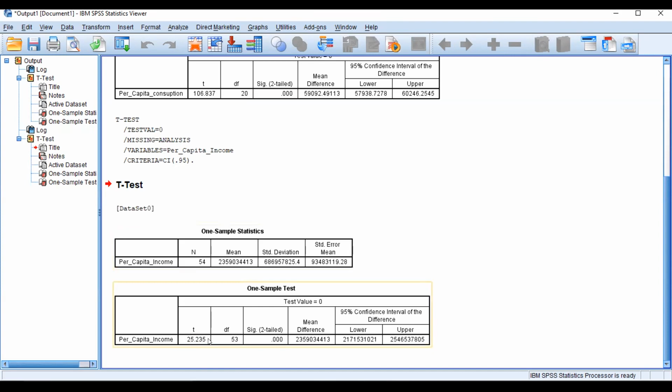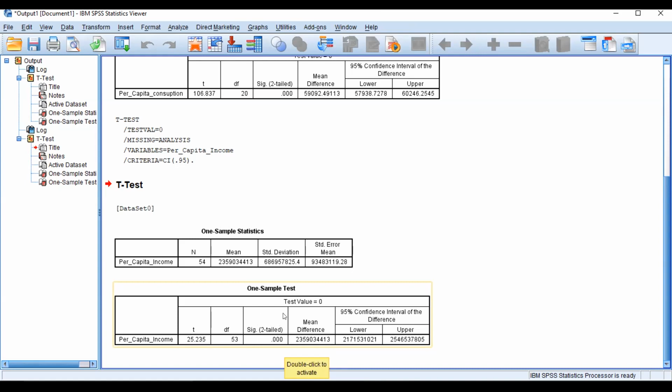Then here, per capita income t value and degree of freedom 53. Again, the significance level is that. Then we will reject our null hypothesis. On the basis of this p value, we will reject our null hypothesis that the average per capita income of the population, I'm talking about annual, is 15 crore rupees annually.